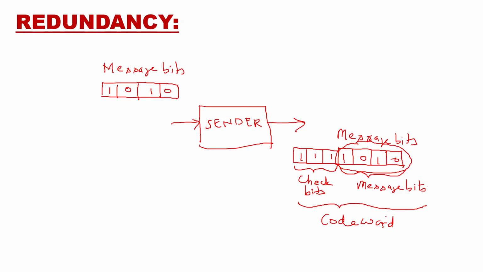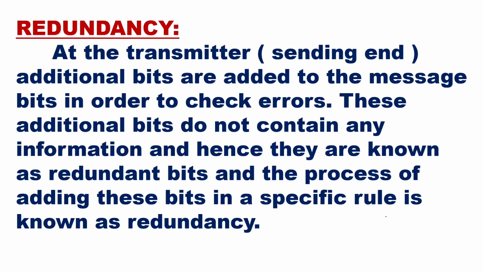So if you see the theory for this, at the transmitter or the sending end, additional bits are added to the message bits in order to check errors at the receiver. These additional bits do not contain any information and hence are known as redundant bits, and the process of adding these extra bits by a specific rule is known as redundancy.